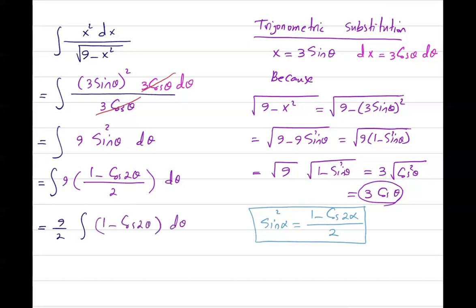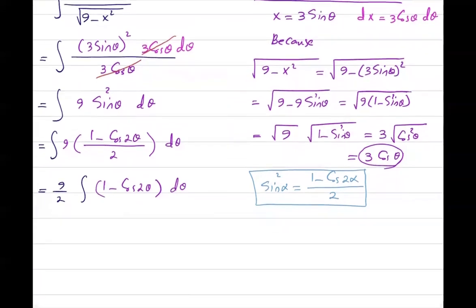d theta. In turn, this integral can be written as 9 over 2, and then the integral of d theta minus the integral of cosine 2 theta d theta, which can be calculated separately or together. Either is fine. This is equal to 9 over 2.